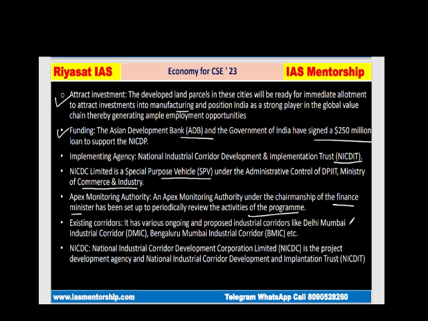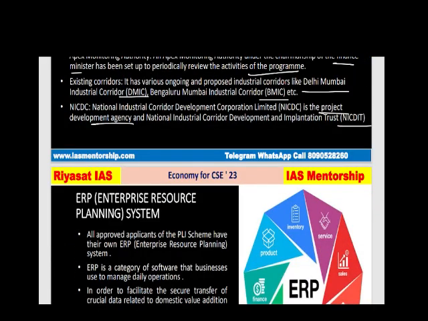Existing corridors: it has various existing corridors also, such as the Delhi Mumbai Industrial Corridor and the Bangalore Mumbai Industrial Corridor, which are already being built under this program. Clear? Basically, the NICDC is the Project Development Agency, and this is your NICDIT, the National Industrial Corridor Development and Implementation Trust. Clear?